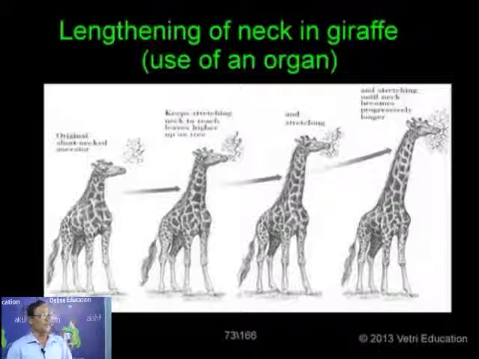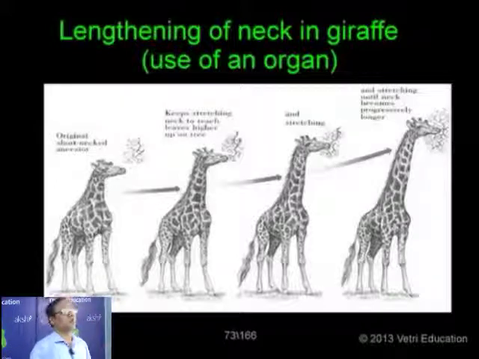He simply believed that we had giraffes with varied neck lengths, and those which had longer necks were selected by nature because they could reach the trees to get the leaves and adapt themselves to the environment, and others were eliminated. This is because of natural selection only, and not because of an increase in the size of the organ to meet needs or wants, as per the evolutionary concept of Darwin.